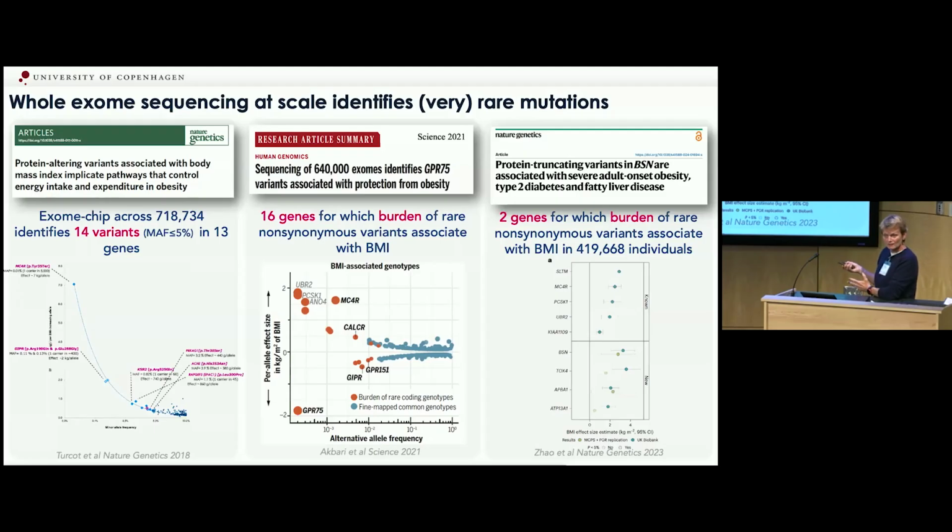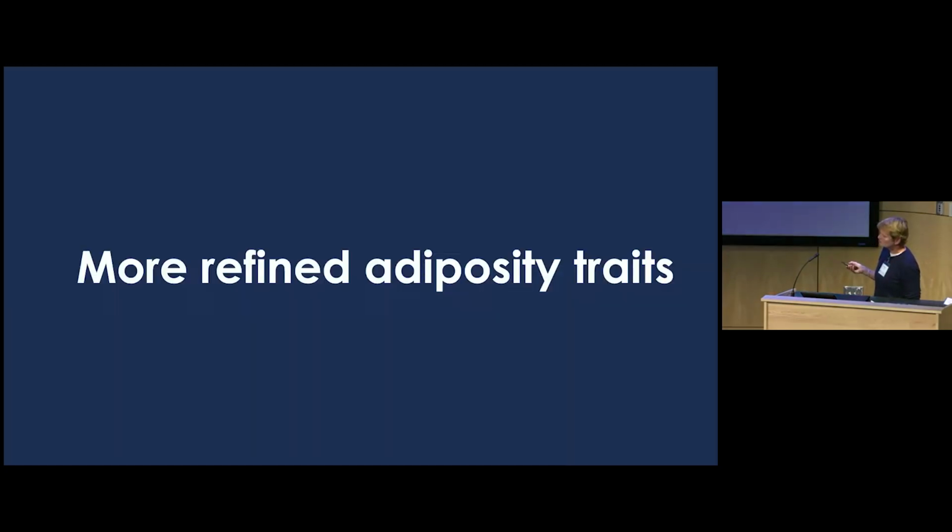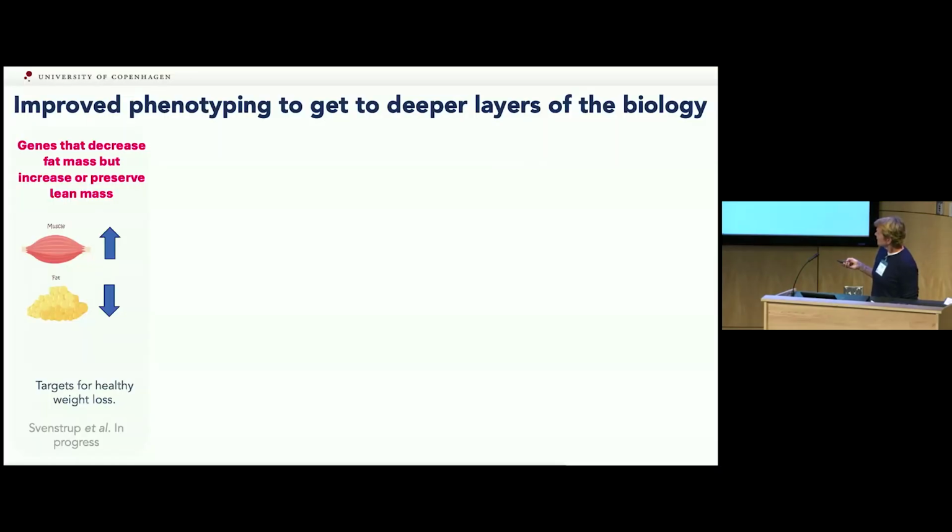It seems that we have a lot of data, but maybe the problem is really with the phenotype, body mass index. Everyone agrees that it's actually not a very good phenotype because it's pretty crude and it's far from the real biology. So in my group, we've really been focusing on curating the phenotypes, focusing on more refined adiposity traits.